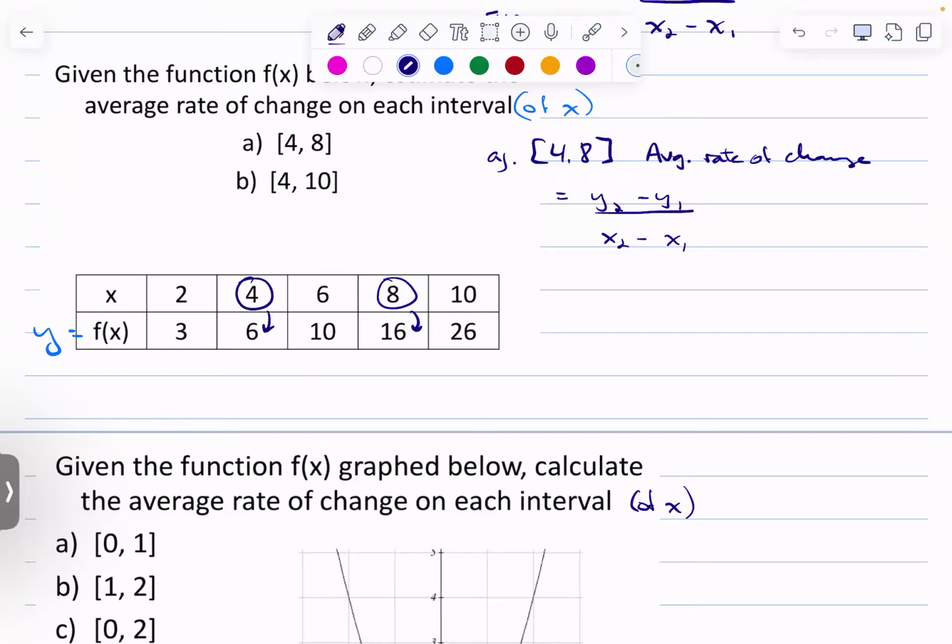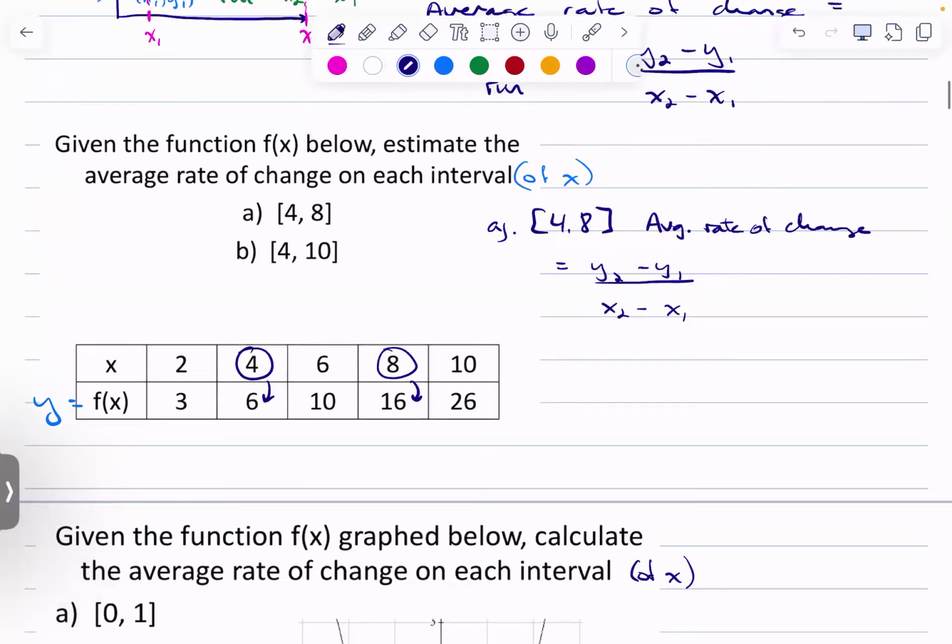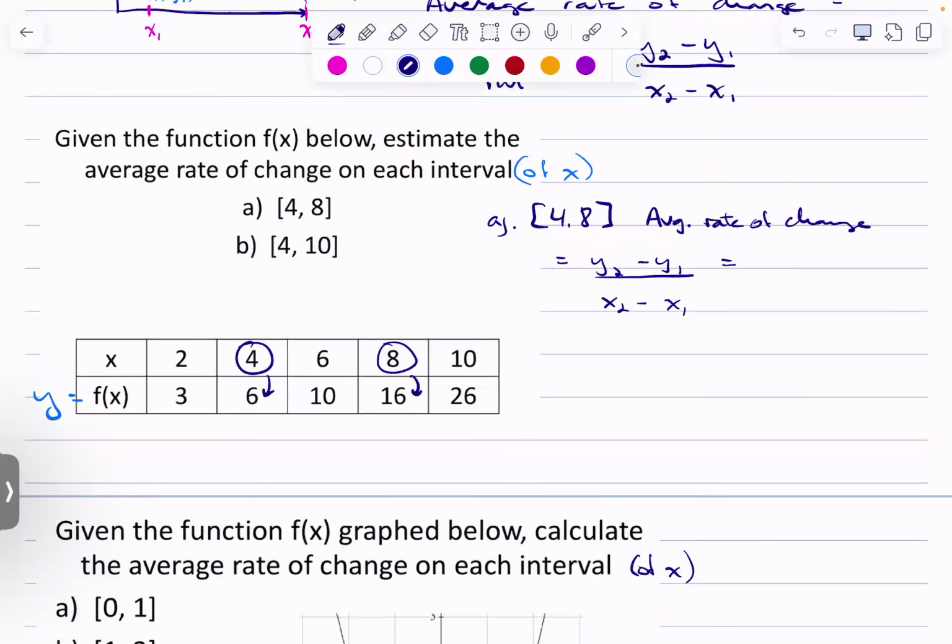So if I let this be point 1 and this be point 2, just the order that they appear, I'm going to get 16 minus 6 over 8 minus 4.